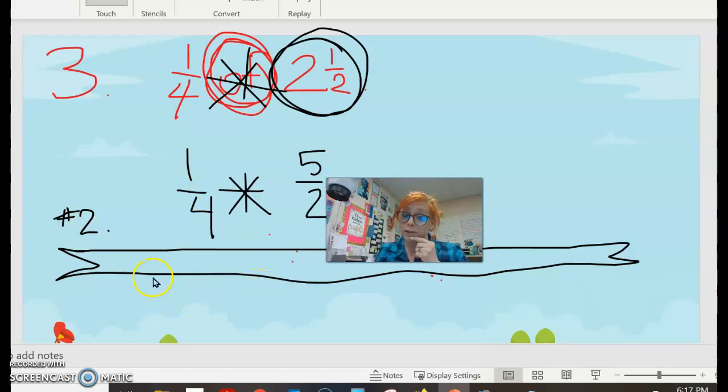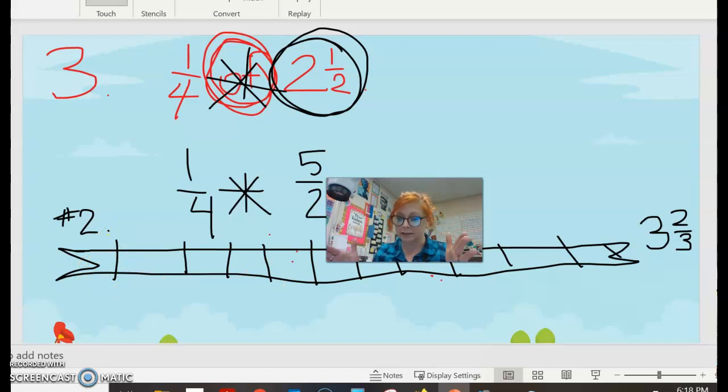How many bows can a person make from this really long ribbon that is 3 2/3 meters long if I want to cut it into 1/4 inch slices? What am I doing here, guys? I'm dividing it into little pieces.